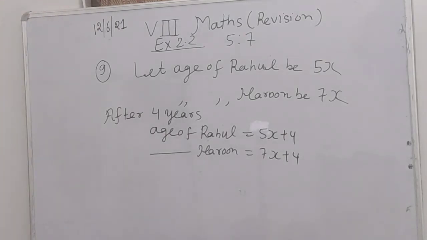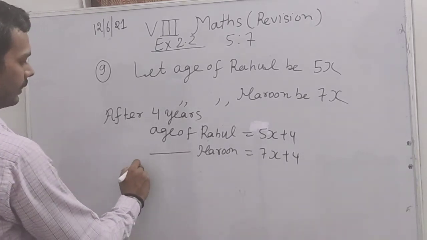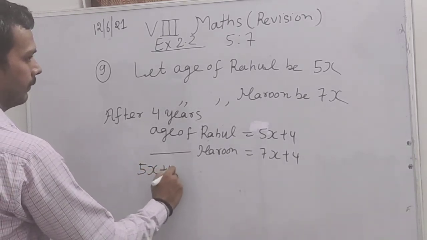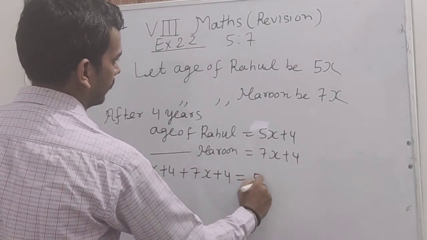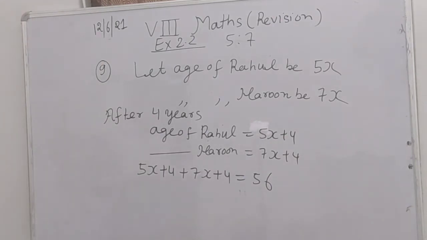The sum of their ages will be 56. So 5x plus 4 plus 7x plus 4 is equal to 56.